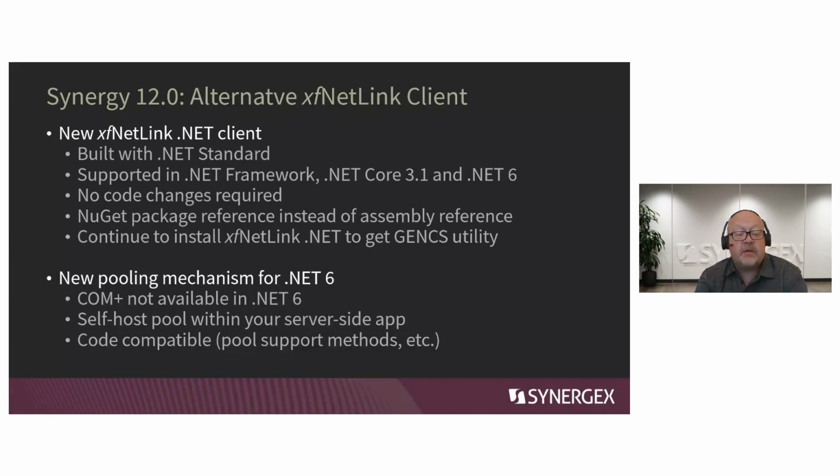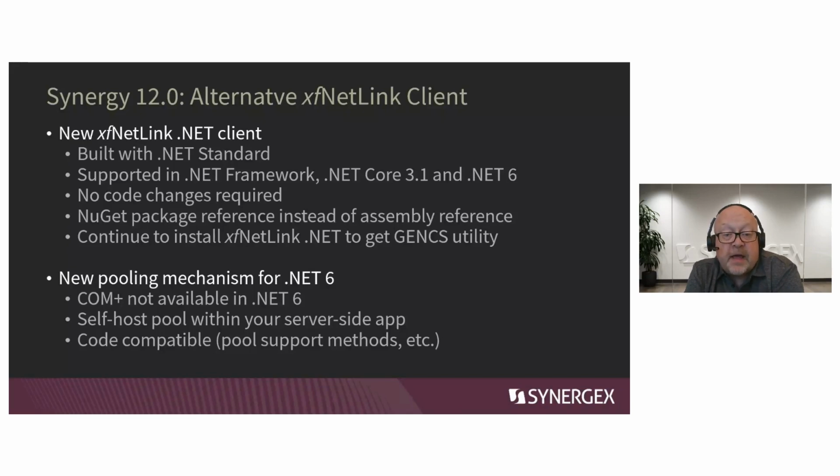The next thing to be aware of is, in addition to supporting .NET 6, we've also created a new version of the XFNetlink.net client, and this client is built against .NET Standard 2.0.